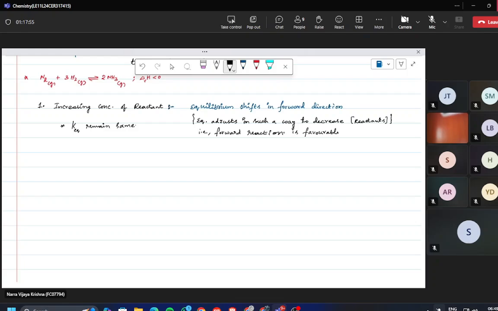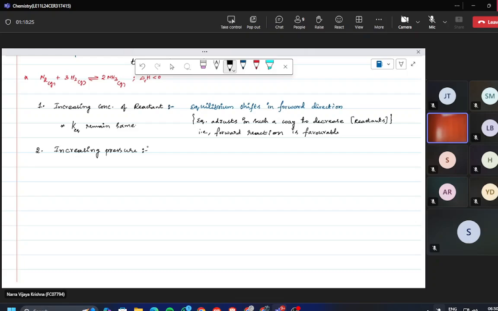Understood? Now give another condition. Pressure, okay. So, what you are doing, increasing or decreasing? Increasing pressure. While we discussed characteristics of equilibrium, did we discuss that it should be done in a closed vessel?